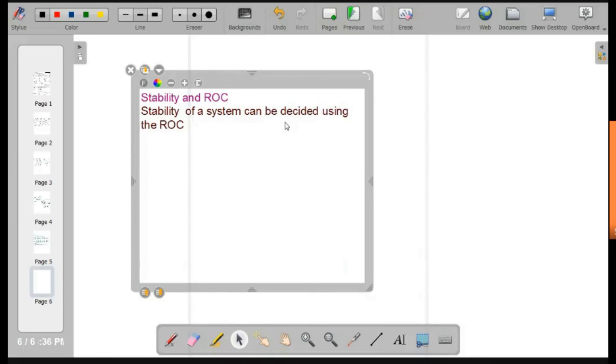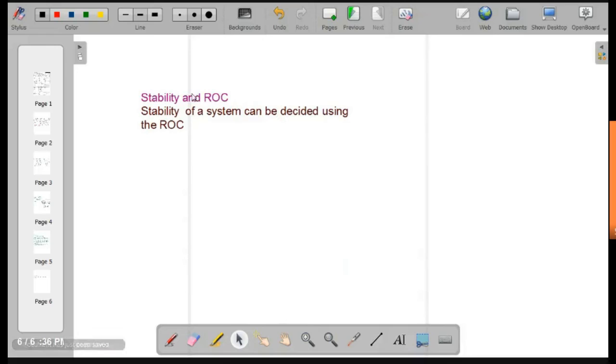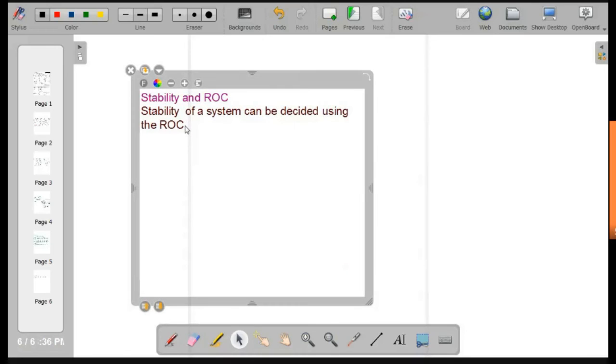Okay, consider a signal which is an impulse, that is h of n.